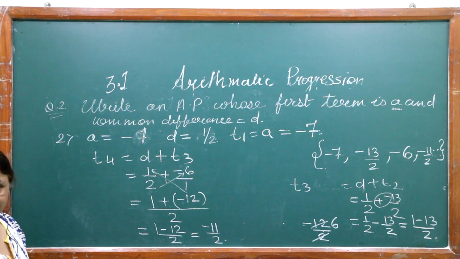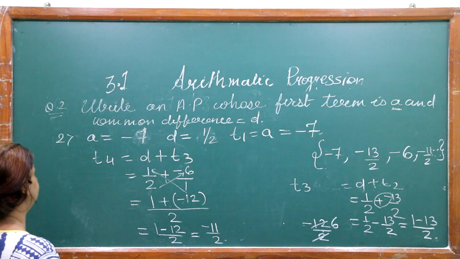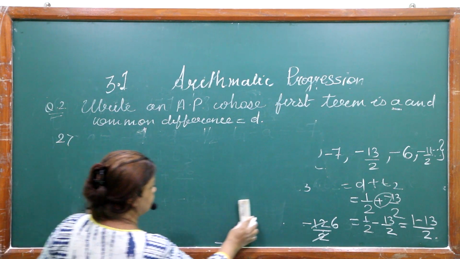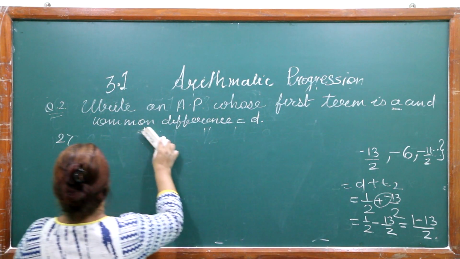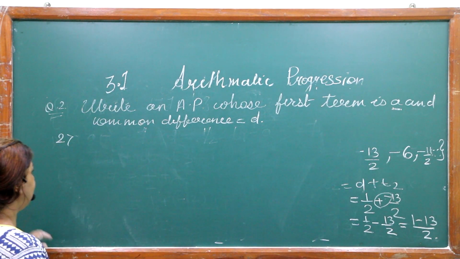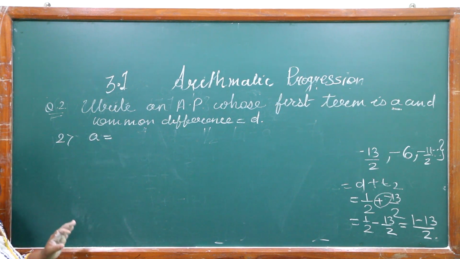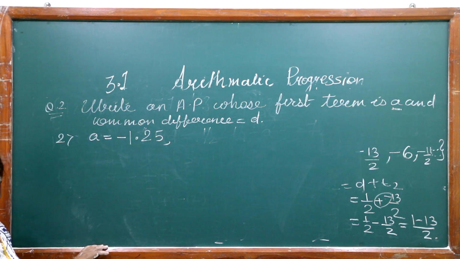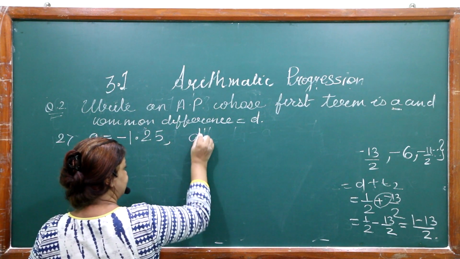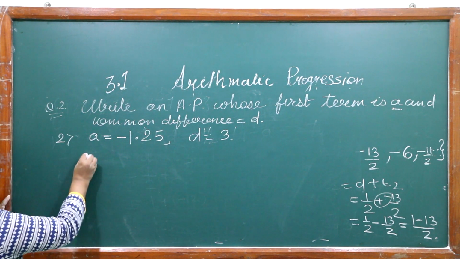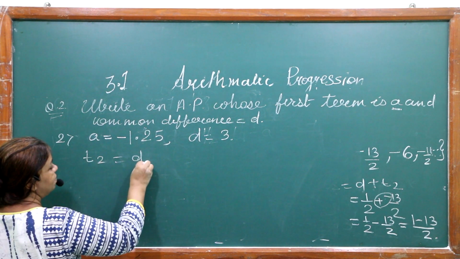Now we go for the next sum, that is the fourth sum. I am rubbing, children. Fourth sum: A is equal to minus 1.25 and D is equal to 3. The common difference is given as 3. To find the terms, T2 is equal to D plus T1.